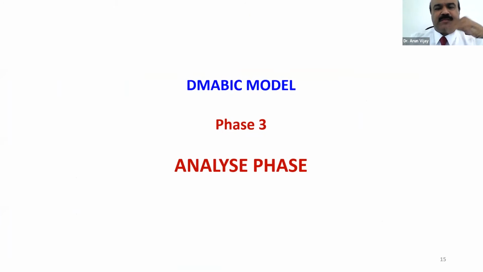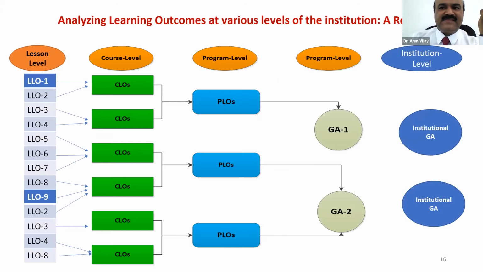In the analyze phase, based on the data we collected from the measure phase, we will analyze the data. This is the blueprint, this is the roadmap for assessing the learning outcome. To measure the CLO, you see the second one, course level, we need the LLOs. How the students achieve the lesson learning outcomes is measured in the measure phase, and they are arithmetically combined together to measure the CLOs.